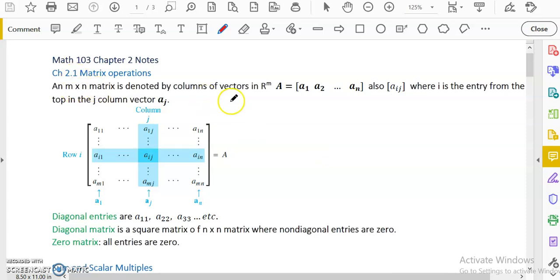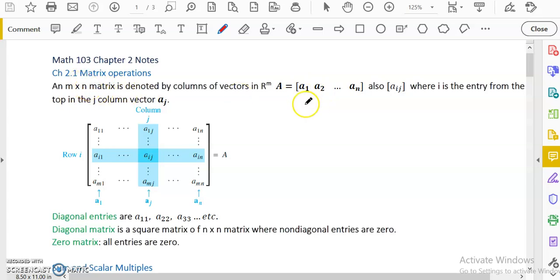So this is what we talked about in the past. We defined a matrix as vertical columns of vectors. We have n vectors, and each one is an m-entry vector, and so you would have an m times n matrix.